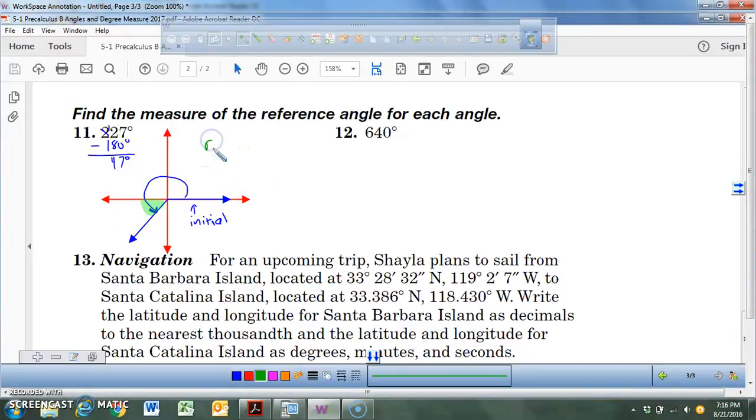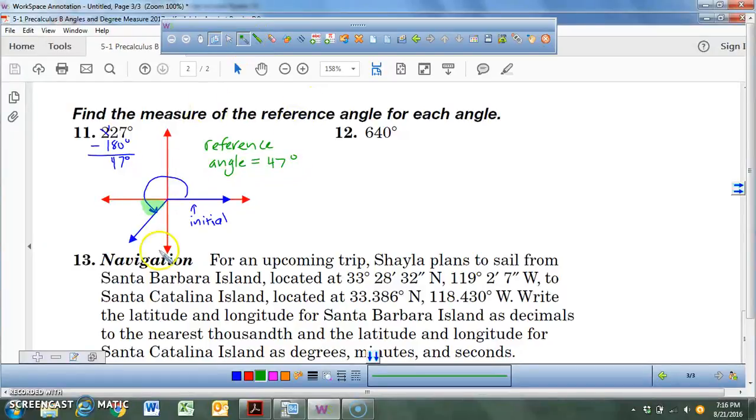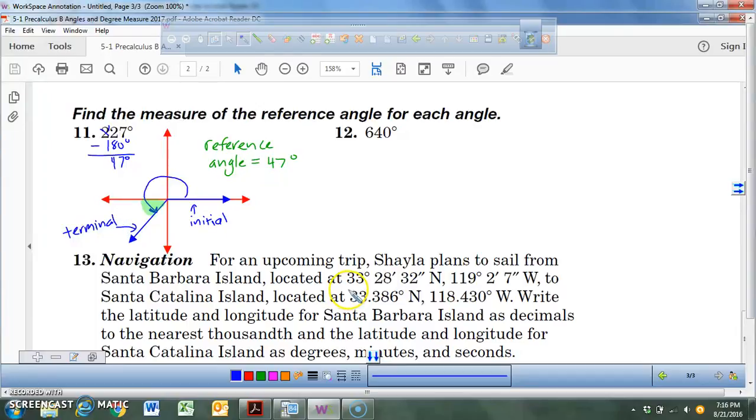So once you find the terminal side, and once again, this is our initial side, this side right in here would be our terminal side.